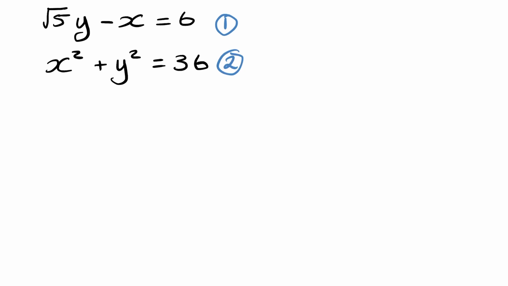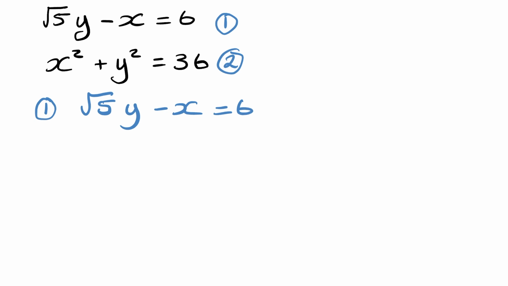So I think we should start by rearranging equation 1. Let's isolate x, get x on its own. So bring equation 1 down here, root 5y minus x equals 6, and I want x on its own. At the moment it's negative, so I'm going to move it over here and make it positive. To do that, we're going to add x to both sides.